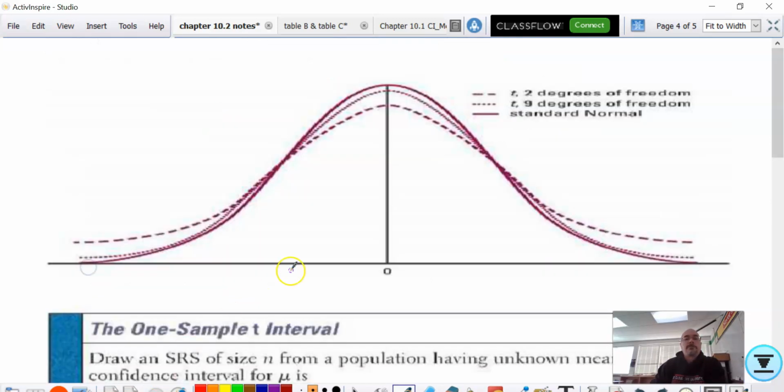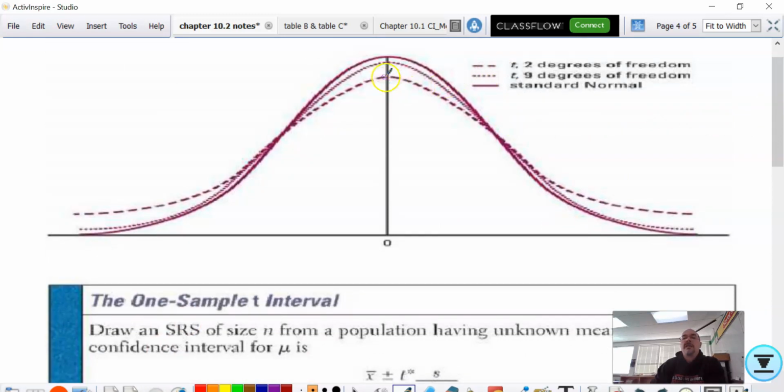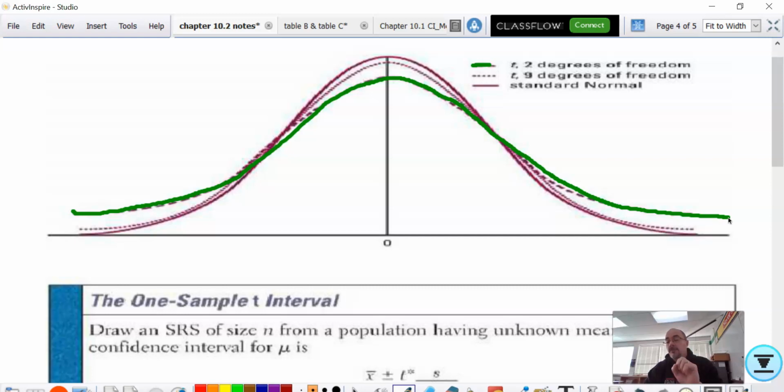All right. So you can see here, ladies and gentlemen, the flatter one, let me do this in green. This one, degrees of freedom of 2, is this flatter one right here. Degrees of freedom of 2 is a pretty small sample size of 3, because remember degrees of freedom is n minus 1.